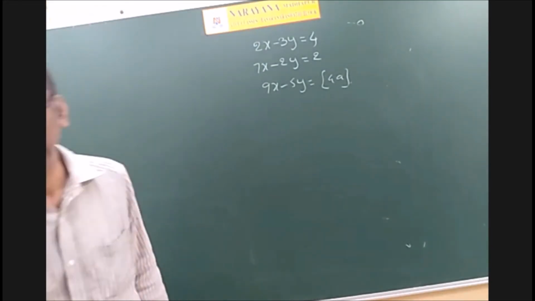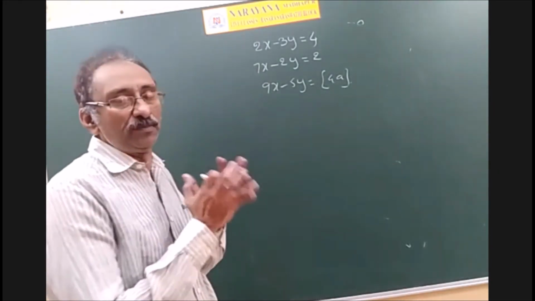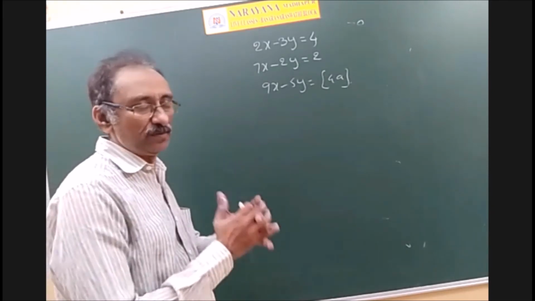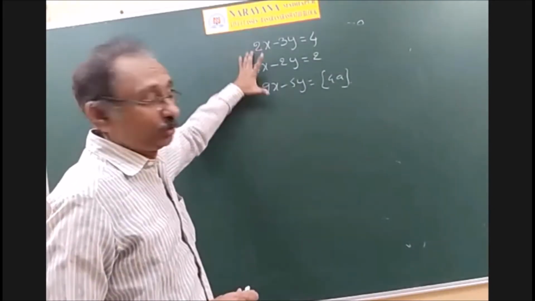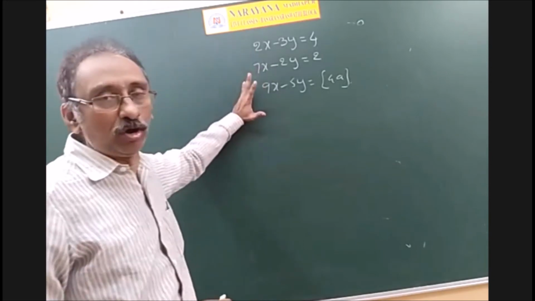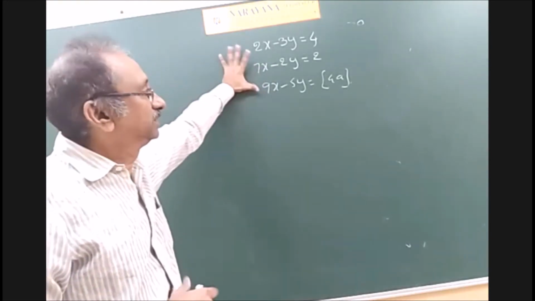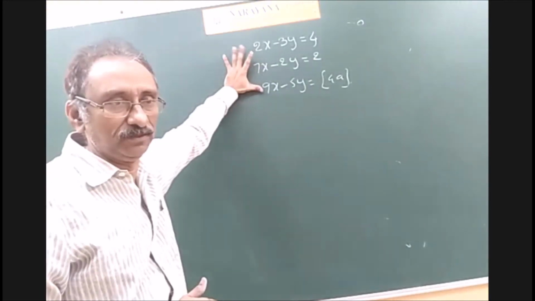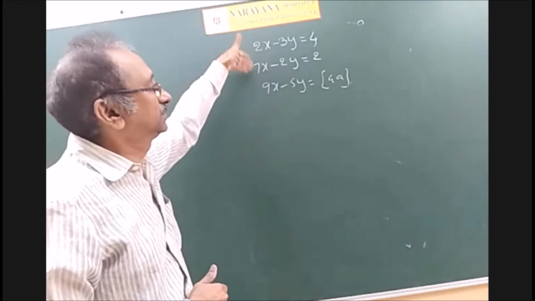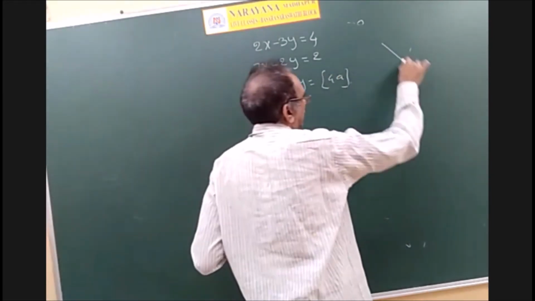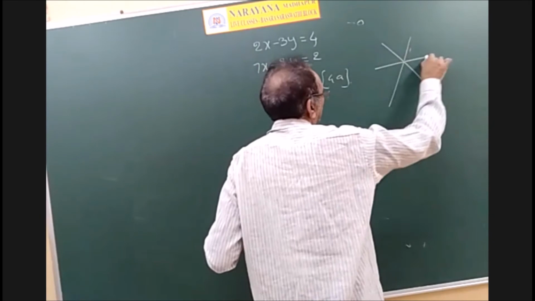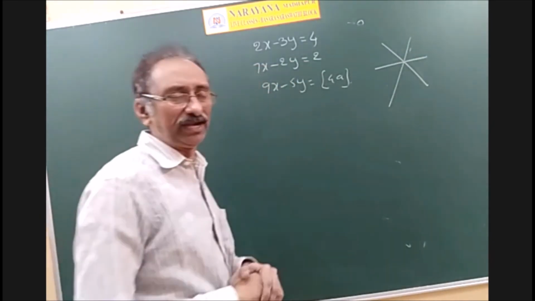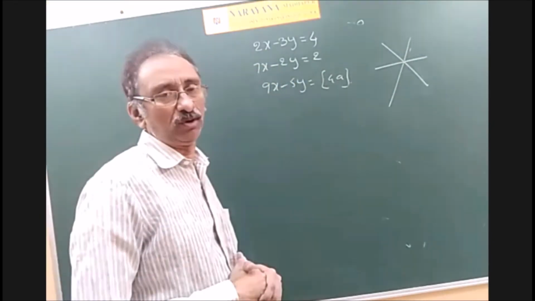What is meant by consistent? It has a common solution. If it has a common solution, that means a solution which satisfies all these three conditions exists, then this is called consistent. Already we discussed about this. These represent straight lines. These three straight lines must be concurrent at a point, then only they have consistency.